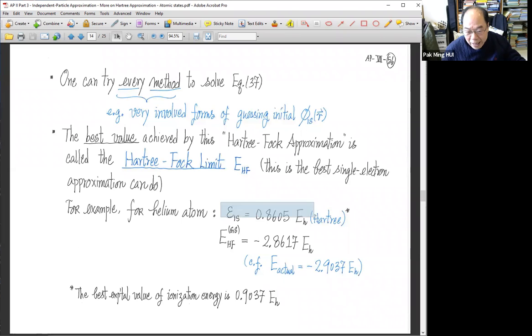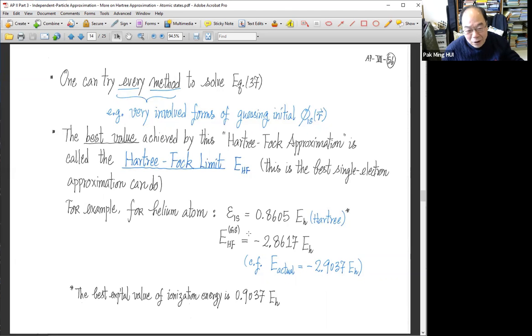The epsilon 1s is this. The Hartree limit of the ground state energy is this. Here, I also give you the actual value. This is the very best beyond Hartree or Hartree-Fock calculation, more serious than that, okay? And then it is not too bad, all right?